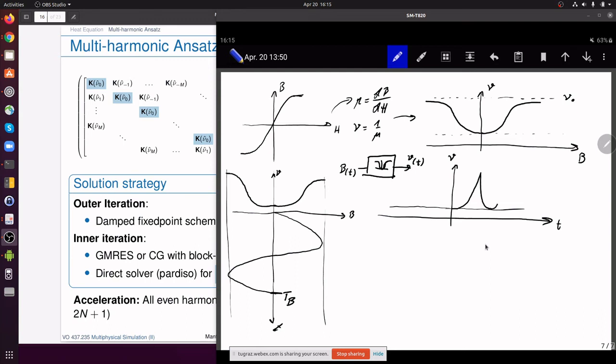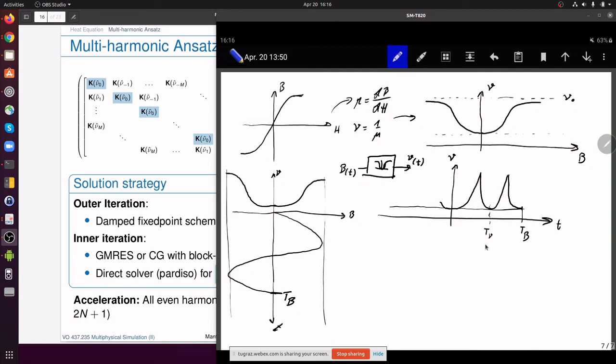Here is the period length of the input signal, and this half period is the period length of the nu signal, and it's an even function.